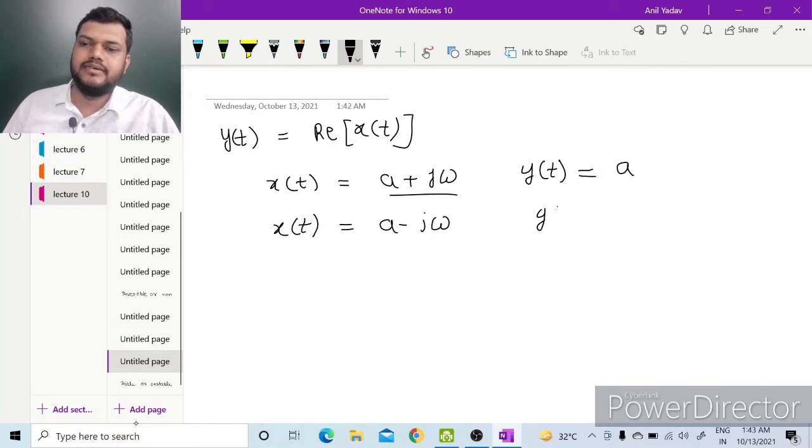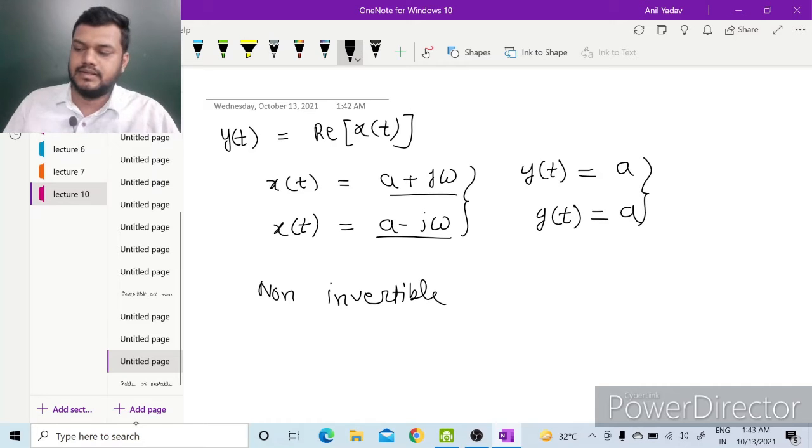So y(t) will be the real part of x(t), that is a. The real part of a minus j omega is a. So again these two distinct inputs have the same output. So the system is non-invertible. So let us check with another example.